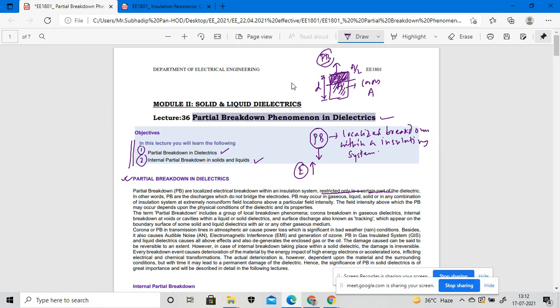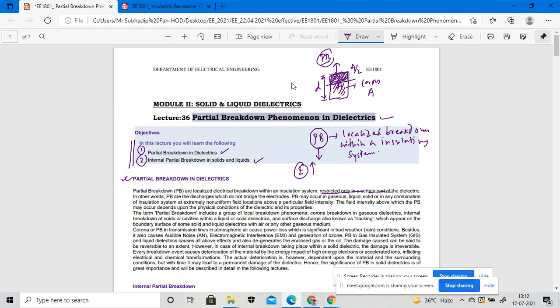The field intensity above which partial breakdown may occur depends upon the physical condition of the dielectric and its properties.